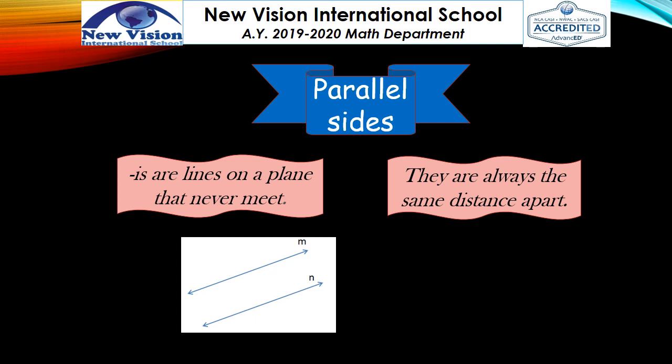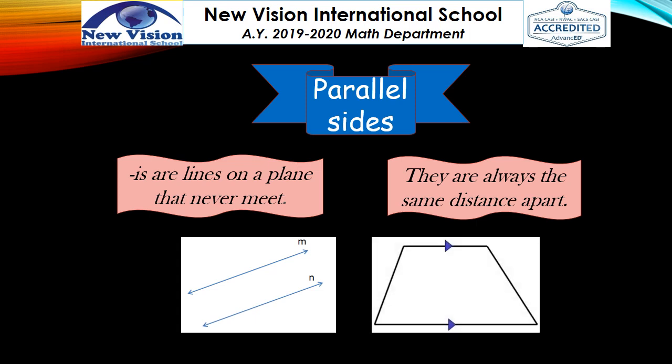No matter how you will extend them, they will never meet, and they will always have the same distance apart. Now for this shape, okay, so as you can see, these two lines with the blue arrow heads are parallel. Okay, so these two sides are called parallel sides.